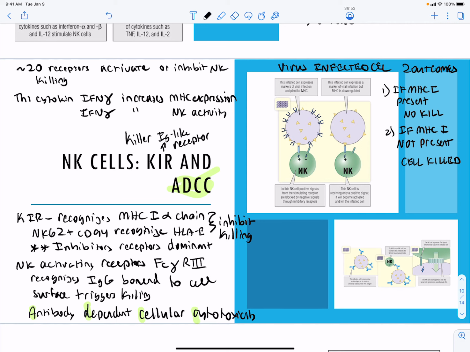Keep in mind that macrophages also have Fc gamma R3, but this is for opsonin only. It has nothing to do with killing. And also your placental NK cells, not CD8 T cells, are involved in protecting the fetus from infection.